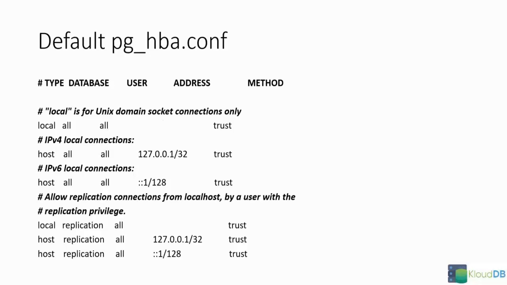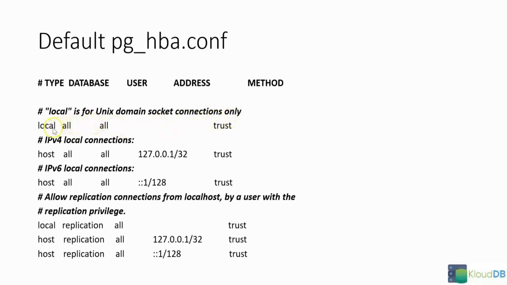And let us explore how the default pg_hba config looks. As soon as you install and configure Postgres, there are some default entries. This is the default file. Like you have the trust record, which means local is for Unix domain socket connections only.